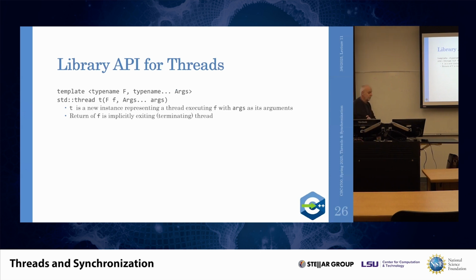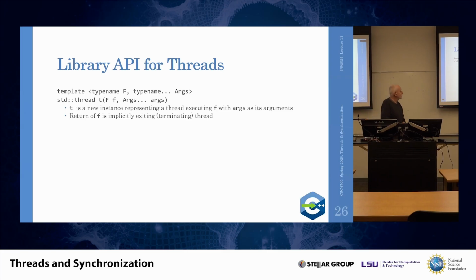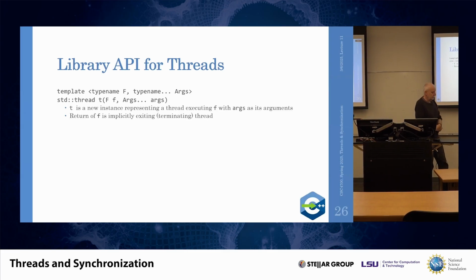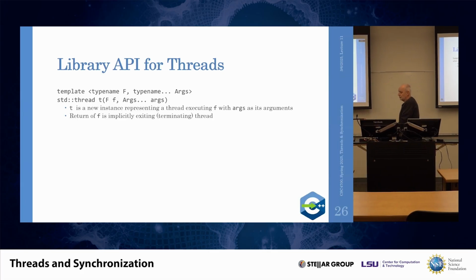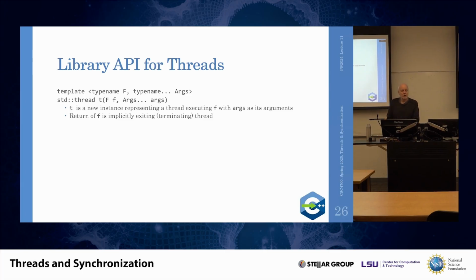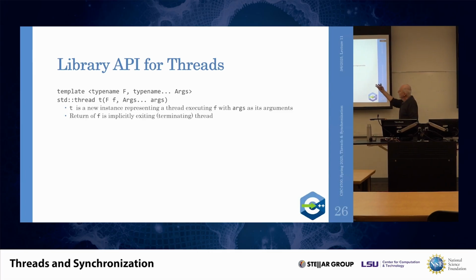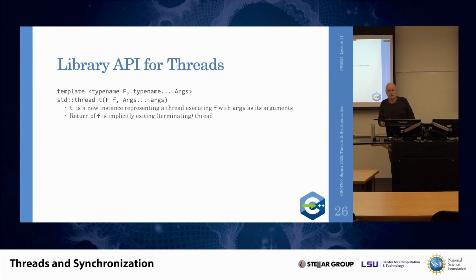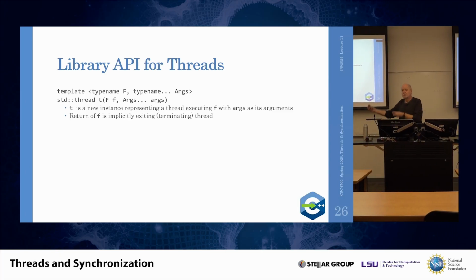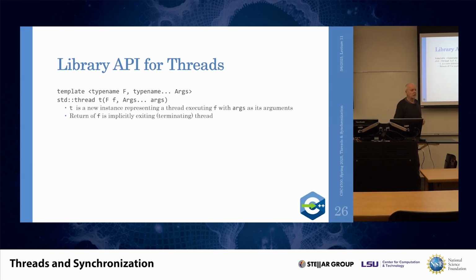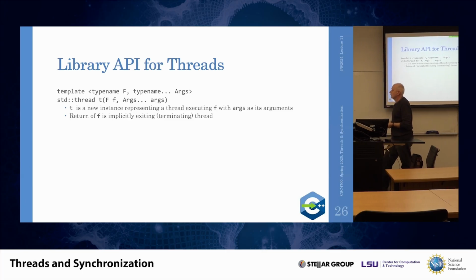Okay, how does C++ represent threads? As I said, there's a type std::thread, and the constructor of a thread takes a bunch of arguments. The first argument is an arbitrary function. That function is the one that the thread is supposed to run. So when the thread is created, this is the function this thread will execute. And you have a means of passing along some arguments to that function. So you can say f, 1, 2, 3, 4, and 1, 2, 3, 4 will be passed to the function when the thread starts running, and will be used as the arguments to that function.